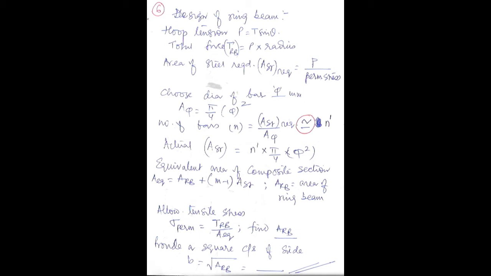So from there you find out ARB and provide a square cross section of side B, equal to under root of ARB. Because if you know the total area and you assume a square cross section, what is the area of a square? If it is of side B, then B square is the area of the square. So how will we find the side? The side you can find by under root of ARB.